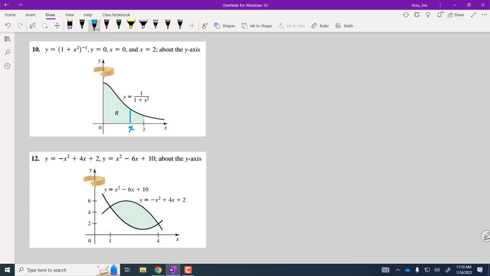That's a random vertical element at a random x. And when that vertical element rotates around the y-axis, we are going to create our cylinder. So there is the cylinder at x. What is the radius of that cylinder?